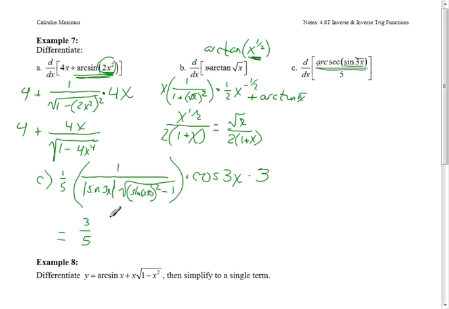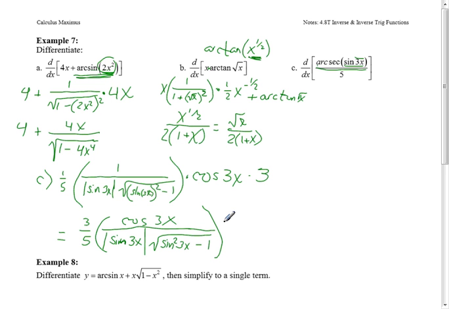Alright, 3/5 times cosine of 3x over our denominator, absolute value of sine of 3x, times the square root of, I'm just going to write this a little bit differently, sine squared of 3x minus 1. And close my parenthesis. And there we go.